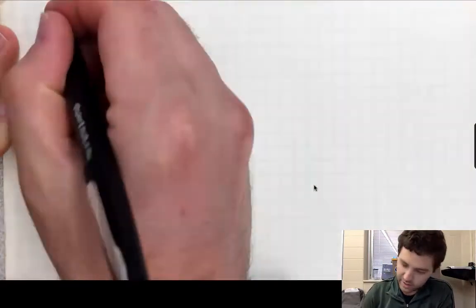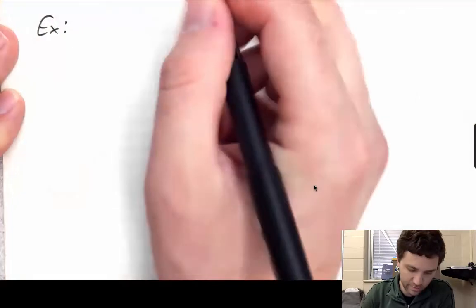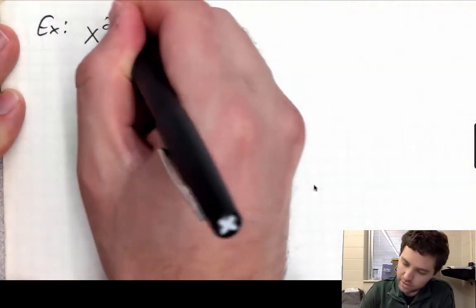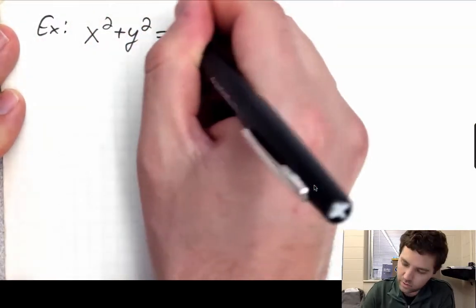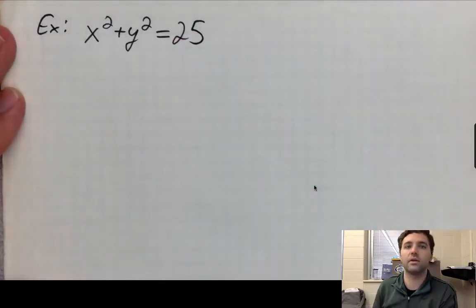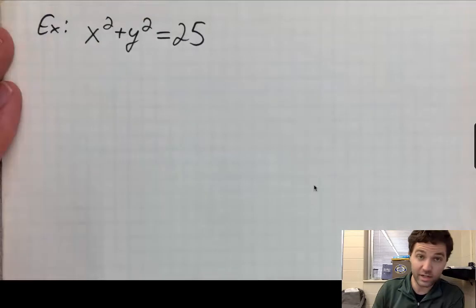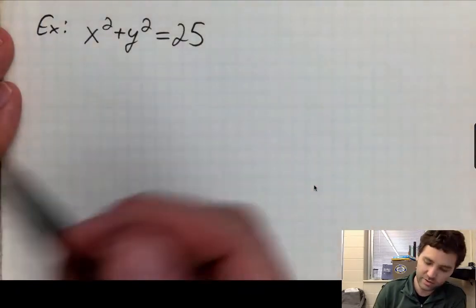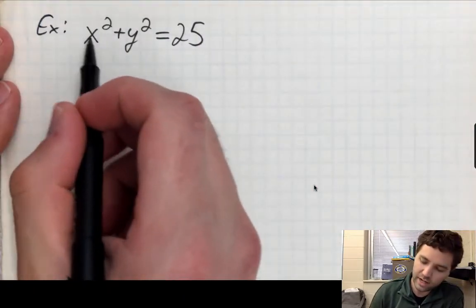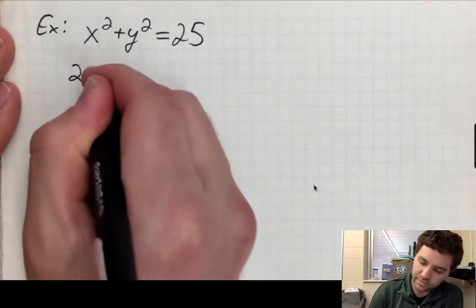Next example. Same instructions, we're going to find the derivative with respect to x, and our problem is x squared plus y squared is equal to 25. Okay. So I want to find dy/dx, so I'll take the derivative with respect to x on both sides. When I differentiate x squared, I get 2x.